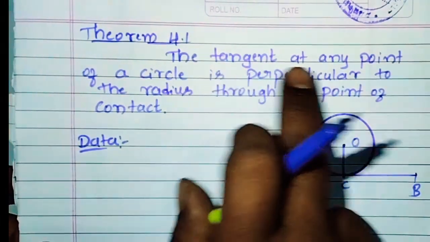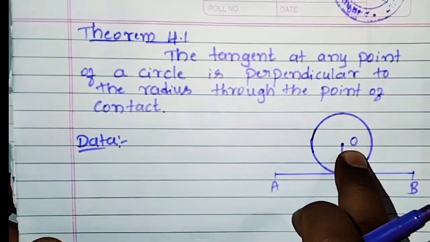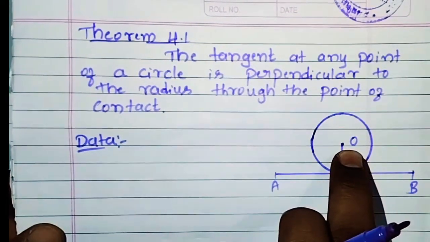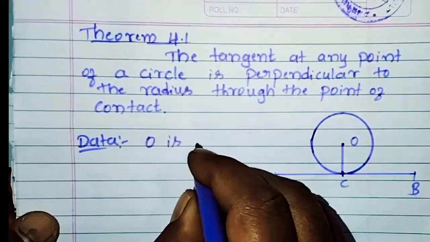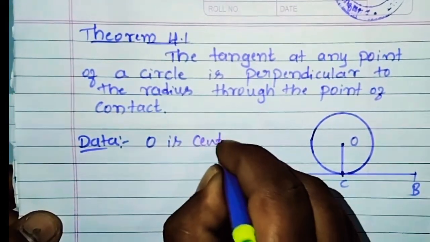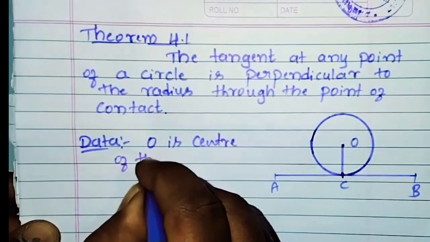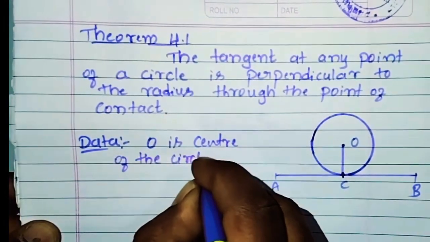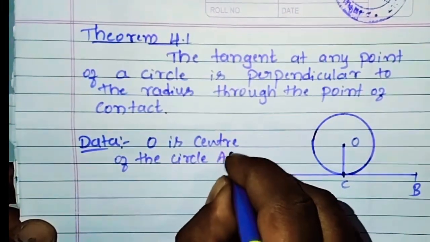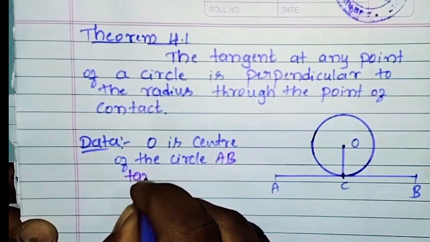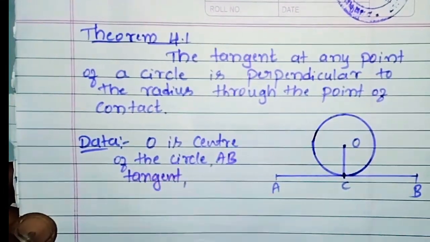Now, the tangent at any point of a circle. Here in the circle, what is O? O is the center of the circle. What is AB? AB is the tangent.